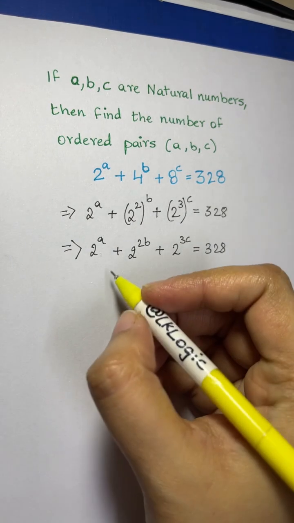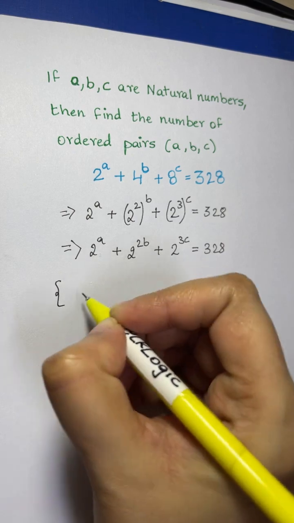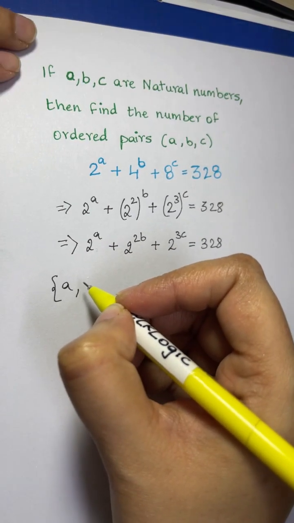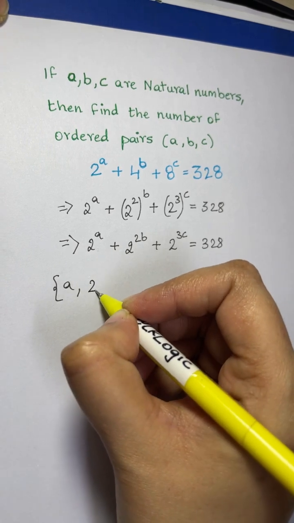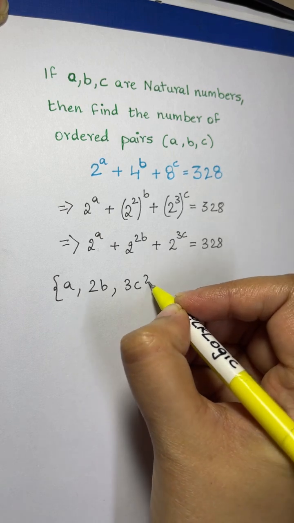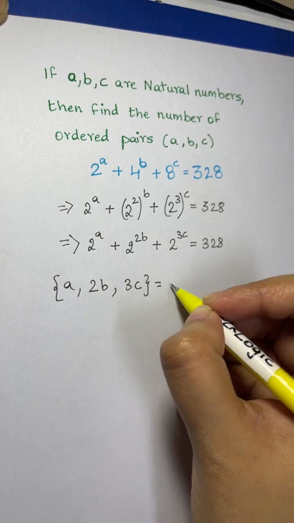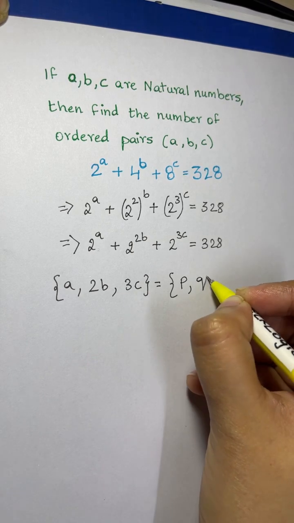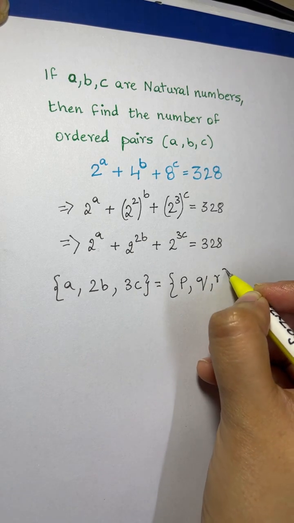As we already know these powers a, 2b and 3c, now we can take them as some different variables like p, q and r.